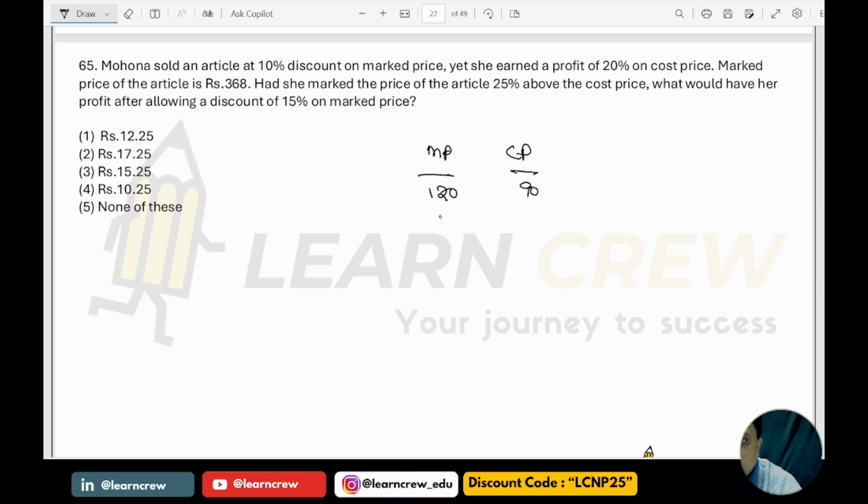The market price of the article is 368. This 120 is 368. Had she marked the price of the article 25% above the cost price, what would have been her profit allowing a discount of 15% on market price? Please observe here once again. What is given?